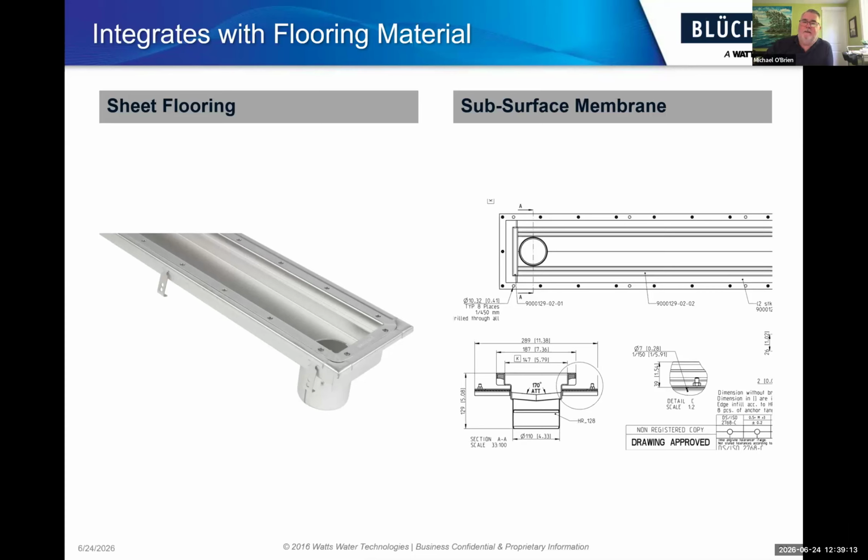So they'll have a subsurface sheet membrane on the floor above that then clamps into the clamp that goes all the way around this trench drain, and there are weeping holes here to weep the water down into the drain and through the pipe system.